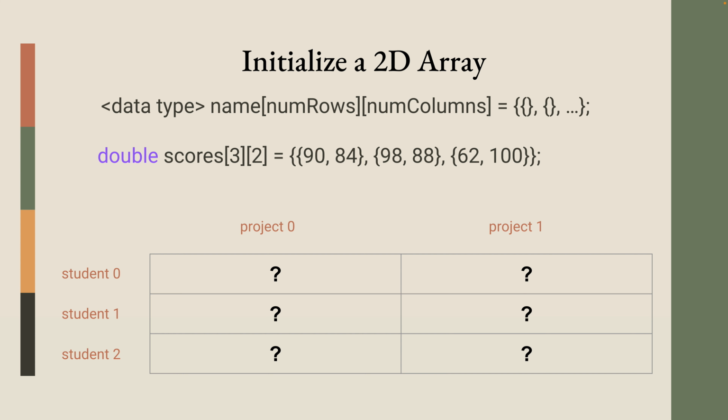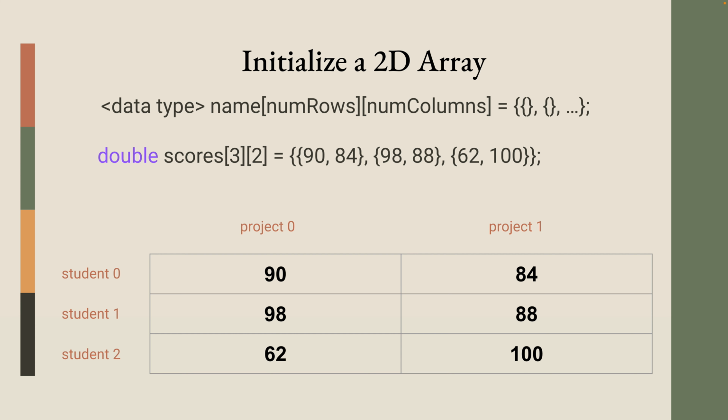Okay? Yeah, question. For the first pairing, the squiggly braces, is that 90, 84 in the first row? Yeah. So each of these arrays represents a row. And because we have 3 rows, we have row 0, row 1, row 2. So this is going to get filled in as 90 and 84 goes in row 0, 98, 88 is row 1, 62 and 100 is row 2.